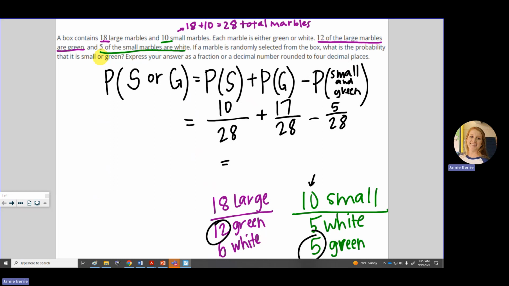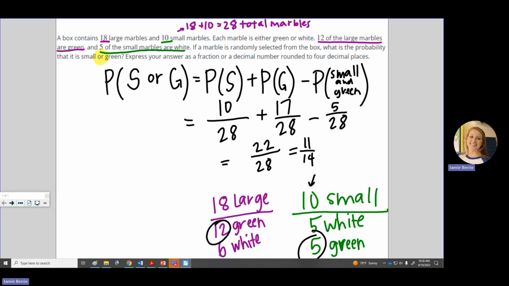All right, so now we're going to perform the operations. We're just doing the numerators right now. 10 plus 17 is 27, minus 5 is 22. So 22 out of 28. That would reduce, 2 goes into both of those. 11 over 14 would also be correct.